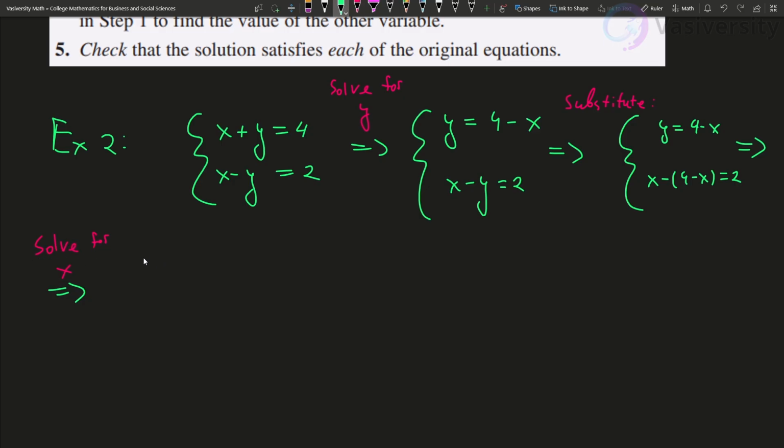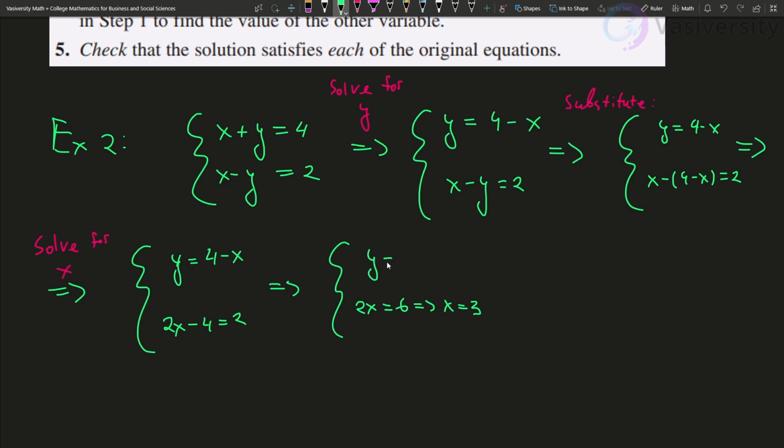Okay, and that's going to be, so we have y is equal to 4 minus x. And here we're going to have 2x minus 4 is equal to 2. Okay, and now we're solving for x once again. So we're going to have 2x is equal to 6. So that means x is equal to 3.